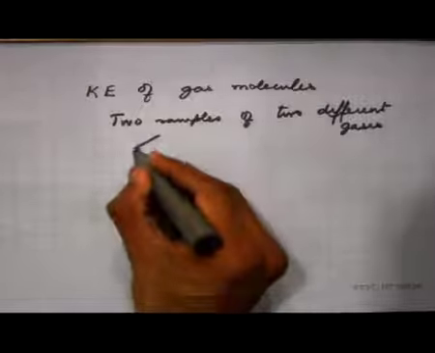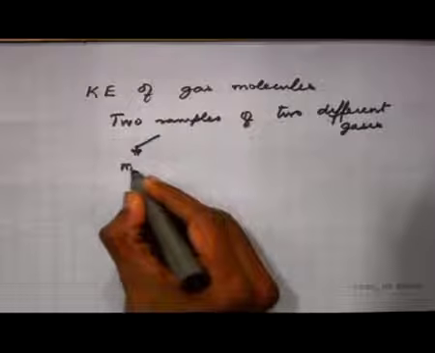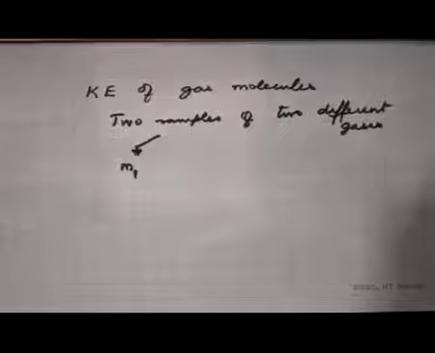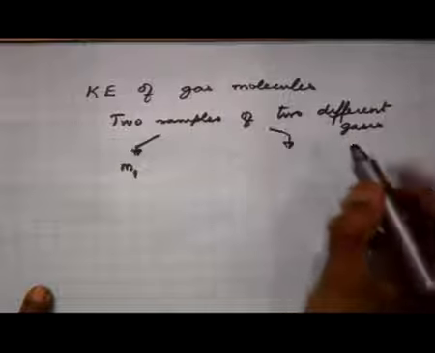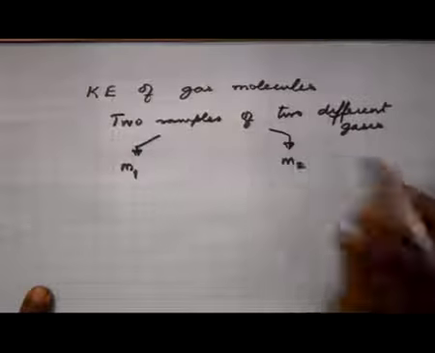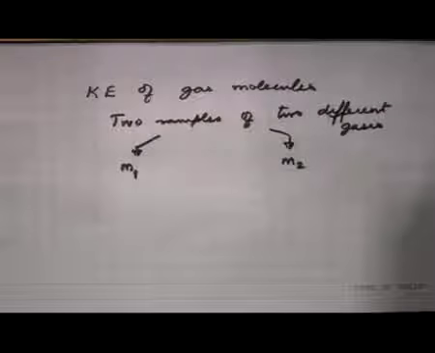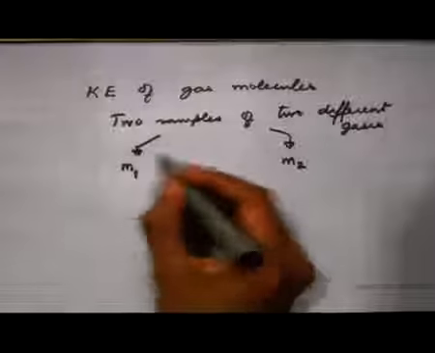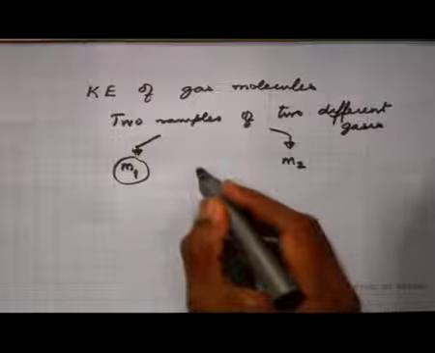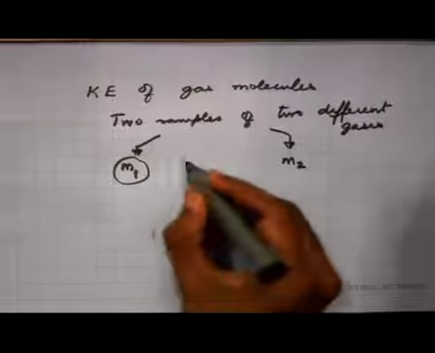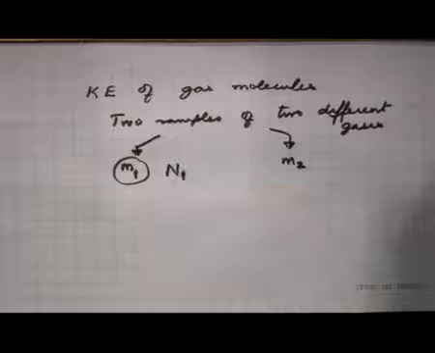So, imagine that you have one sample whose molecules have an atomic or molecular mass m1, and another sample whose molecules have an atomic or molecular mass m2. Let us imagine that we put the sample with molecular mass m1 into a container, and we have n1 molecules of this.